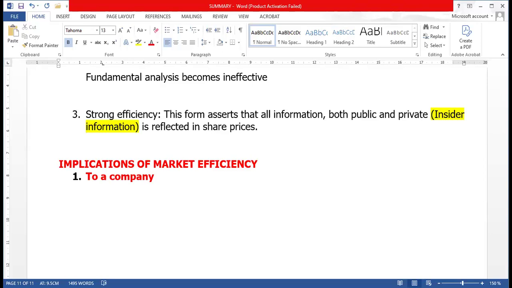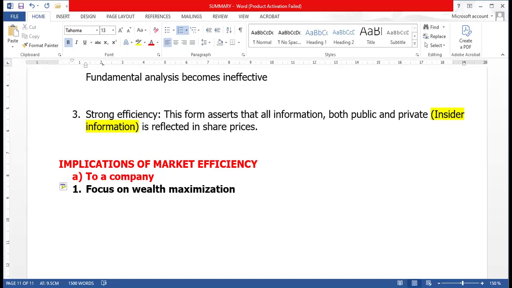Let me just use A here. Then we can look at one: you as the entity focus on wealth maximization. What do I mean here?